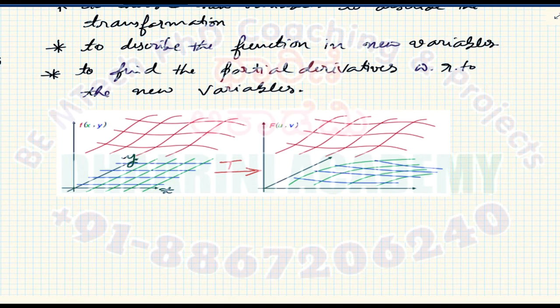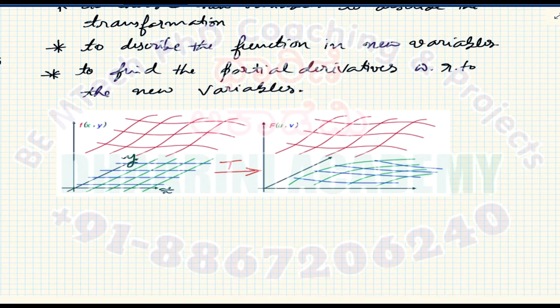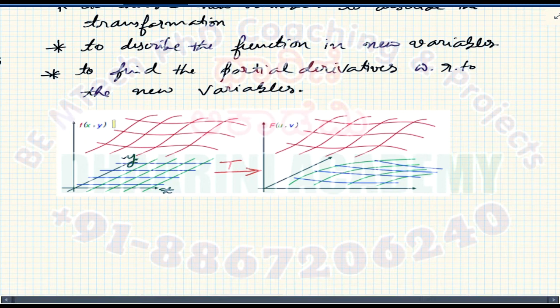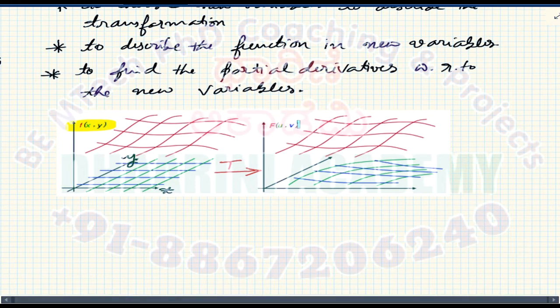I want to have a t in such a way that I am going to get a new surface. For example, if you consider the previous surface, that is f of x, y, but the surface which I want to get now is f of u comma v. So we can see that in general my x comma y is getting changed to f of u comma v, where u and v are the new variables.